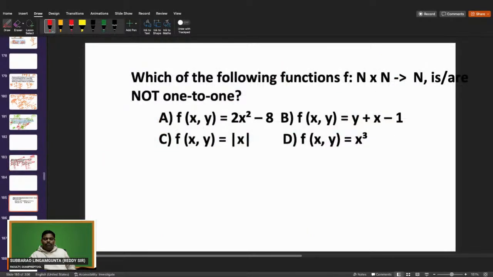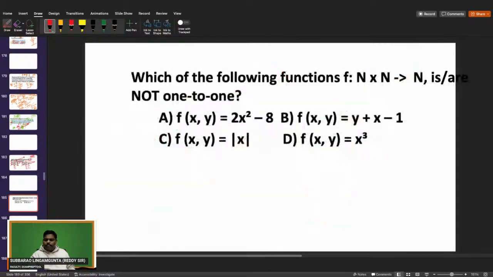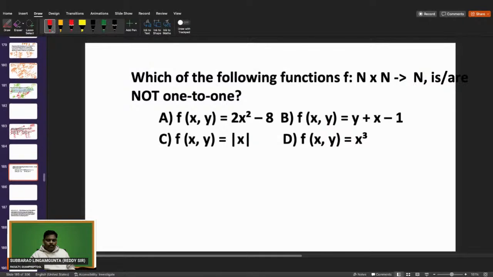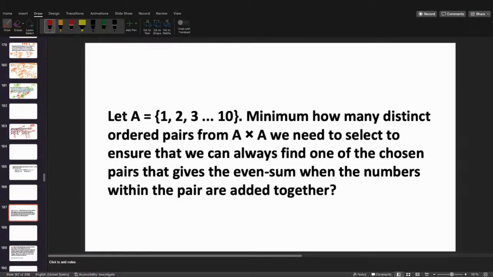Can you go to this problem? Is it the same? I think it is the same. Let's go to the next one. This is also a nice problem. Can you check this? Let's see how many people will give the answer.